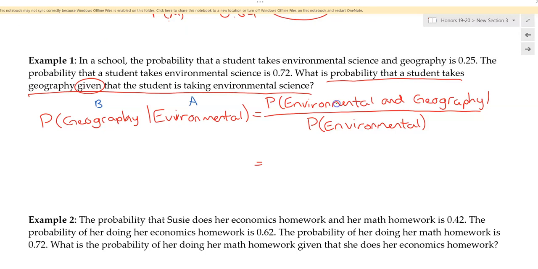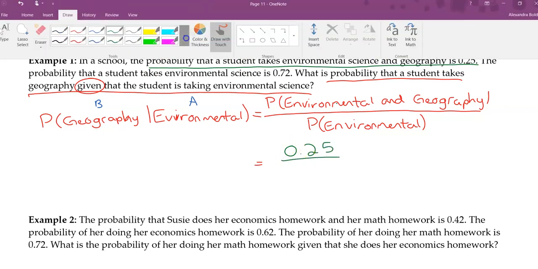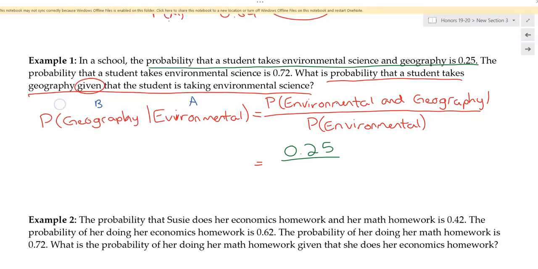So the probability that a student takes environmental science and geography is 0.25. And then the probability that a student takes environmental science is 0.72.